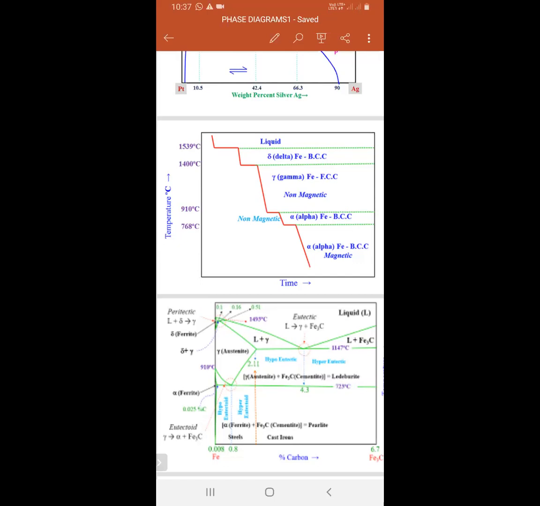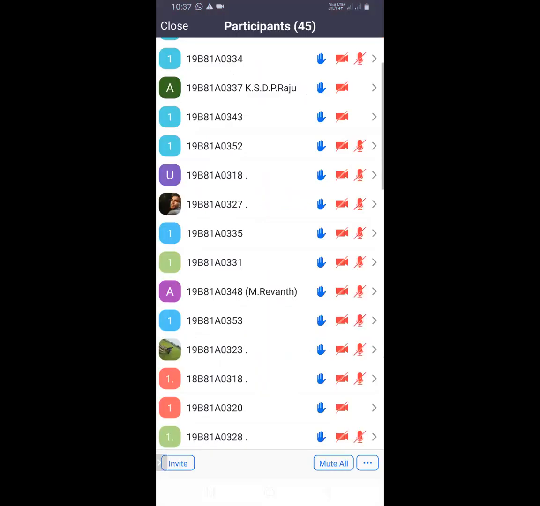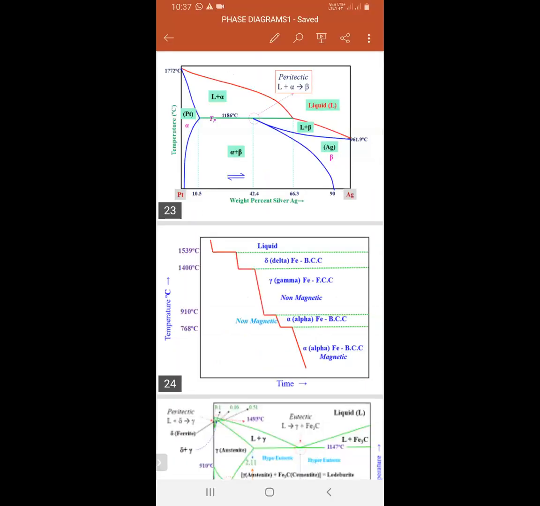The melting point temperature is 1539 degrees centigrade. Iron has different solid phases, so how does iron transform into different phases at different temperatures?